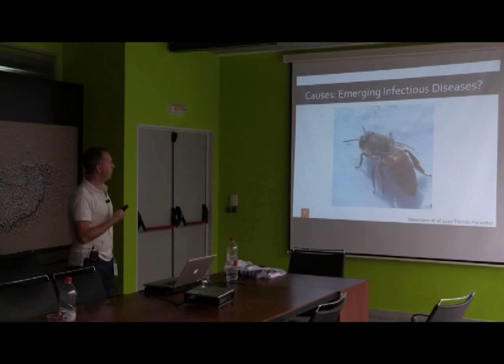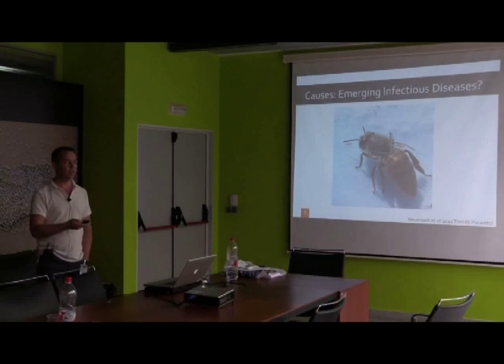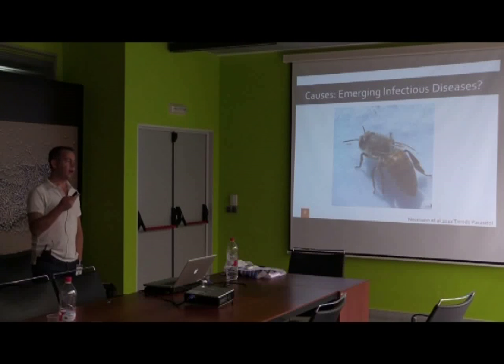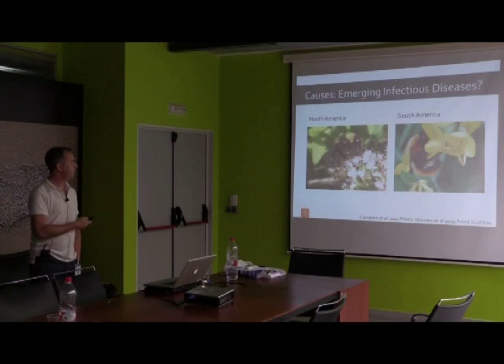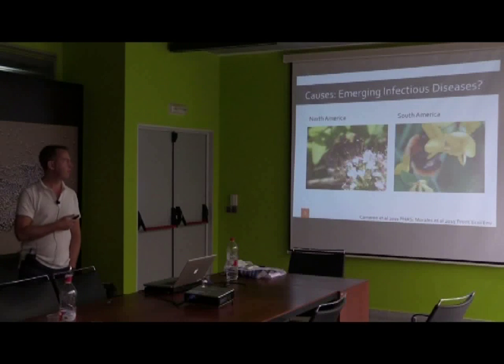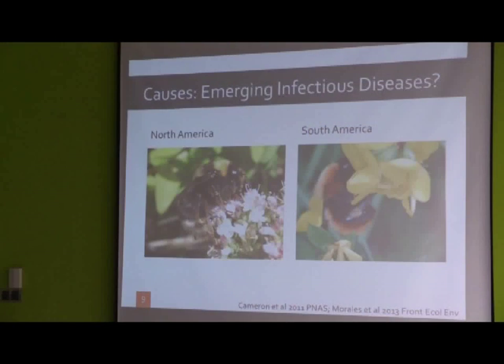More recently, it's been suggested that emerging diseases may also be playing a role in the elimination of other wild bee populations. And two examples of that come from North America and also from South America.